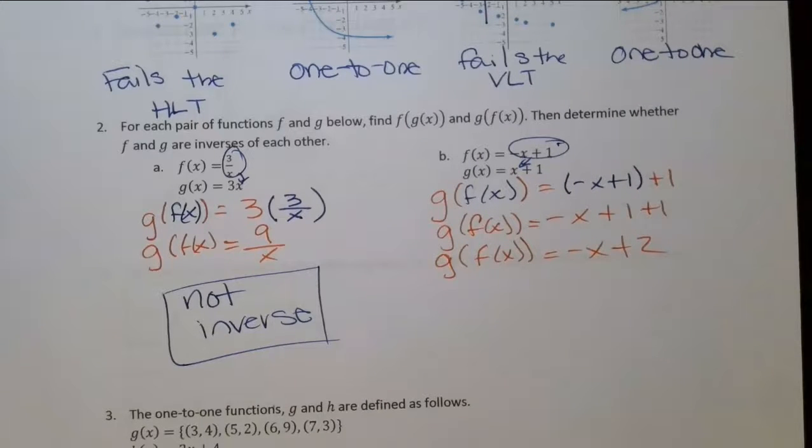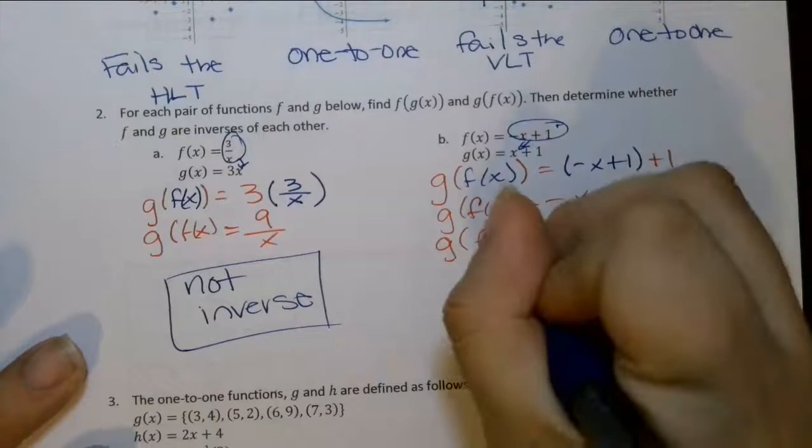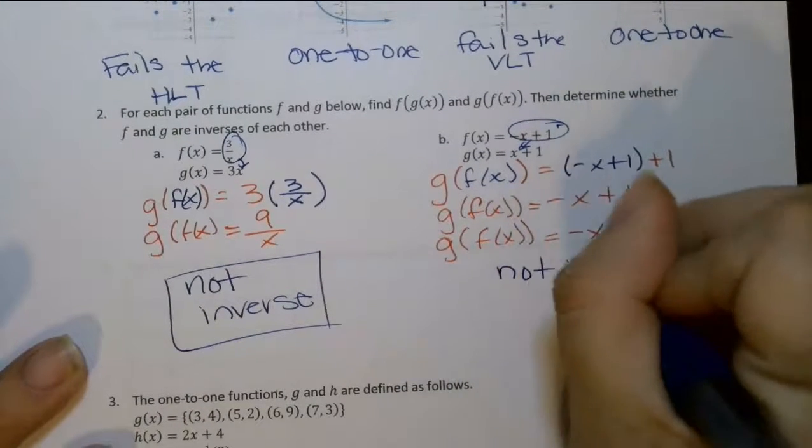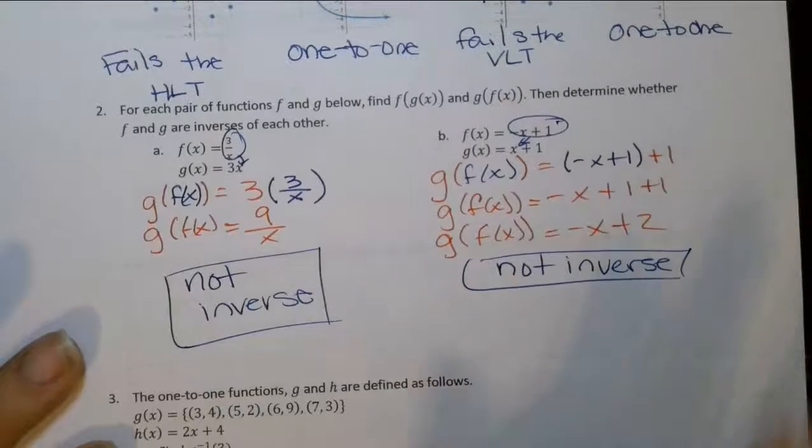Also doesn't cancel out, so this one is not an inverse. I should be just left with x if it is an inverse.